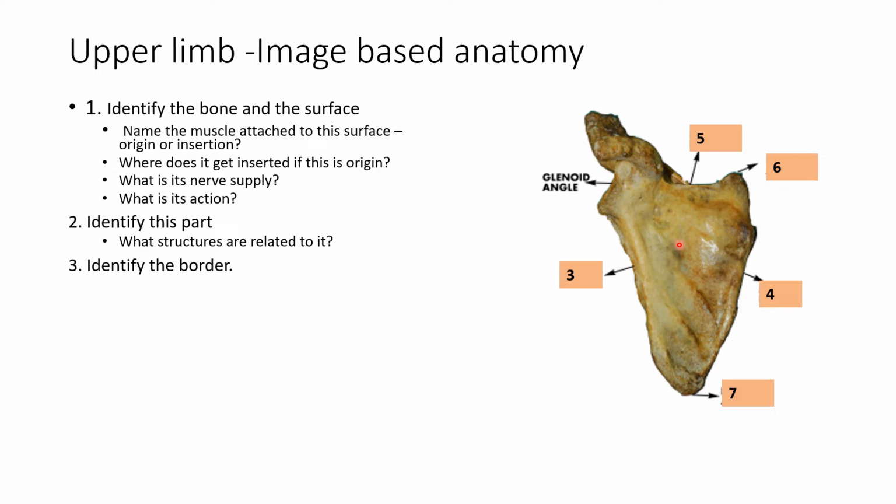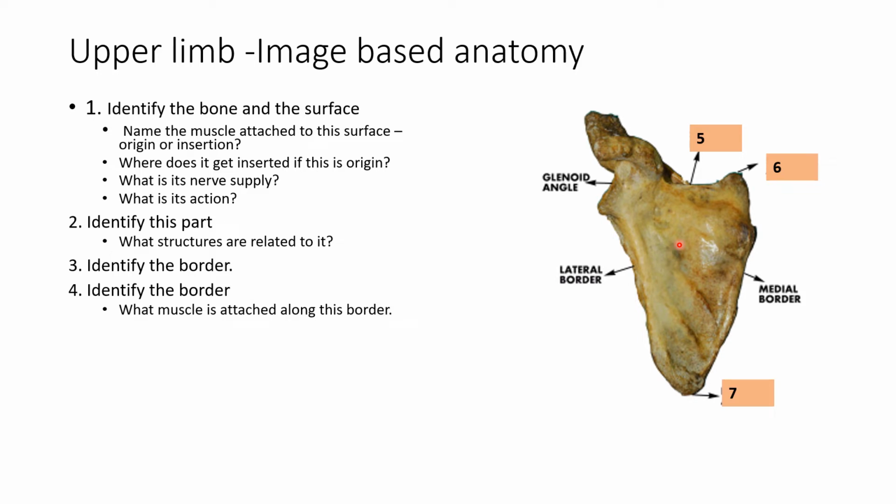So it is the lateral border, which is a rounded one when compared to the other borders. Then what is the fourth one? So it is a thin and short border, and it is the medial border or vertebral border it is called. Then coming to the fifth one.